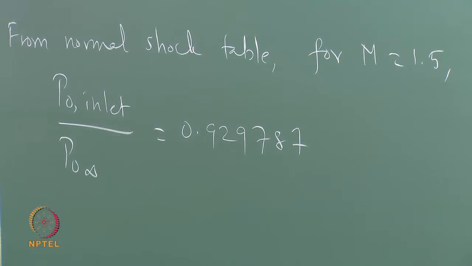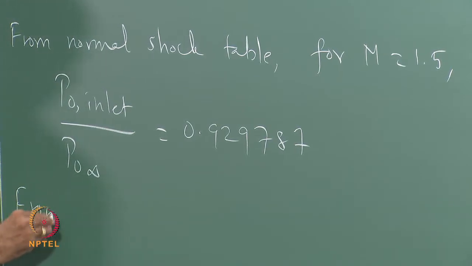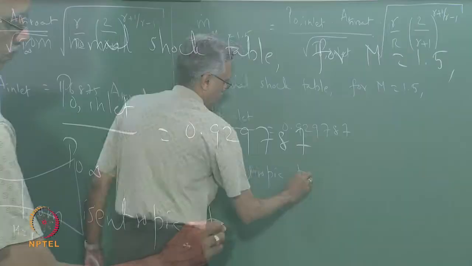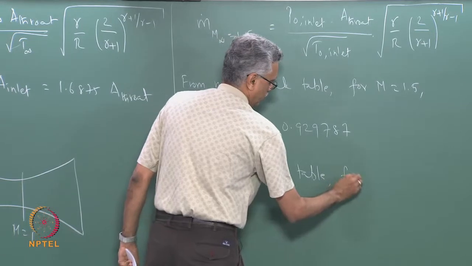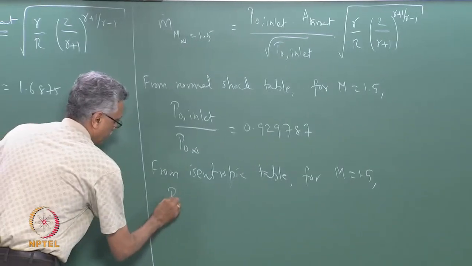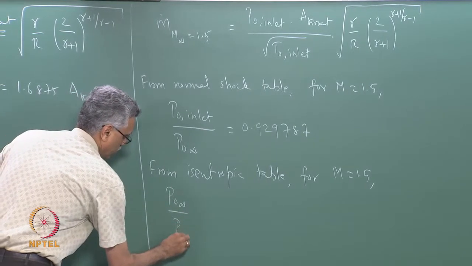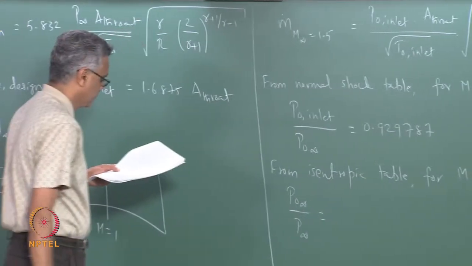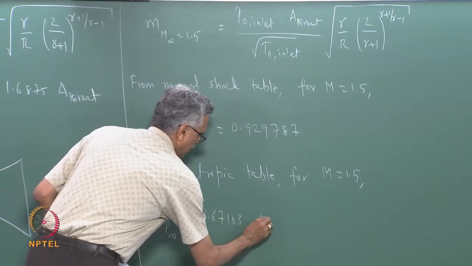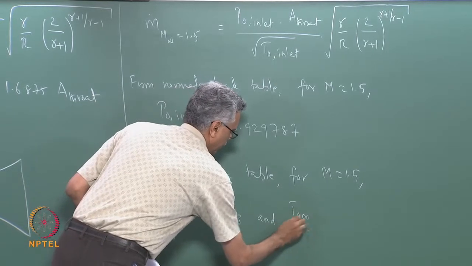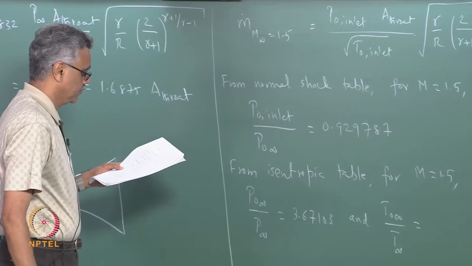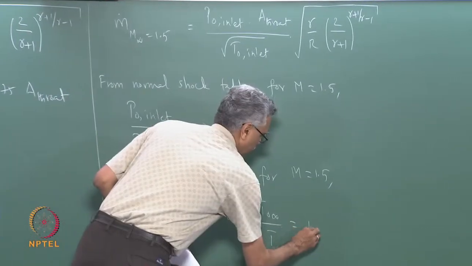Okay, and from isentropic table, for M equal to 1.5, we have P0 infinity over P infinity equal to 3.67103 and T0 infinity over T infinity equal to 1.45.